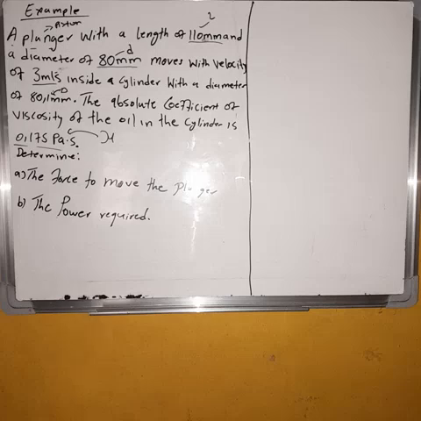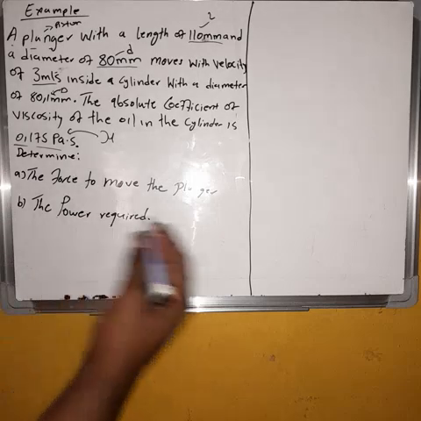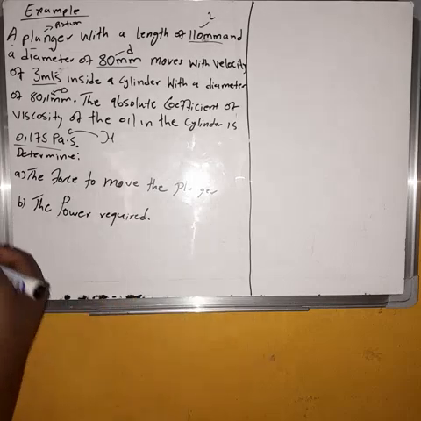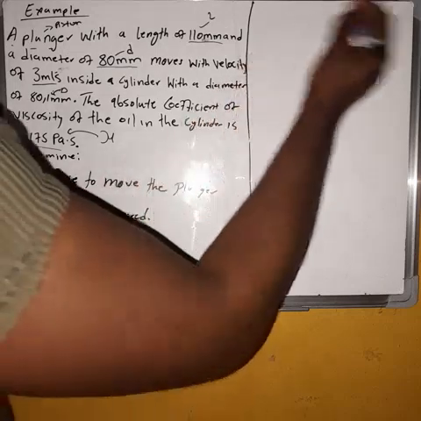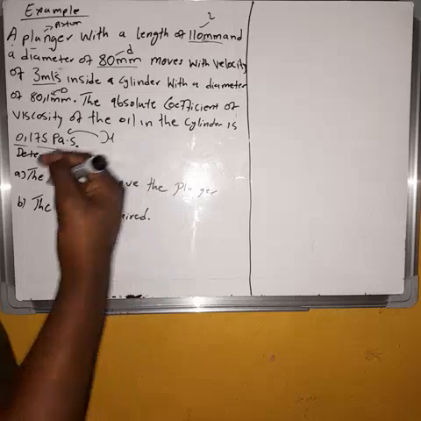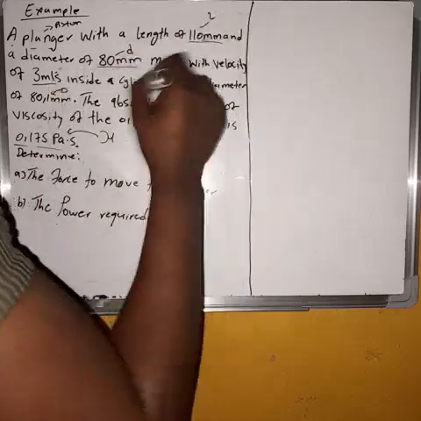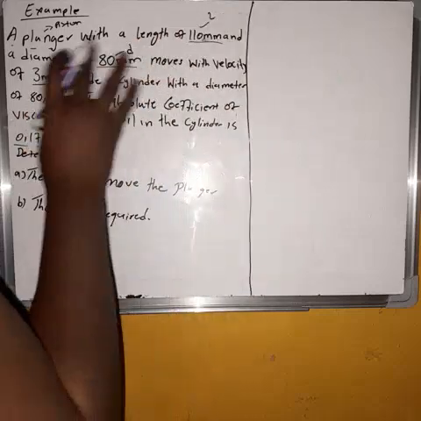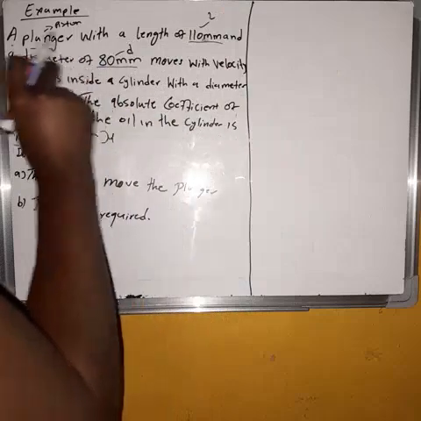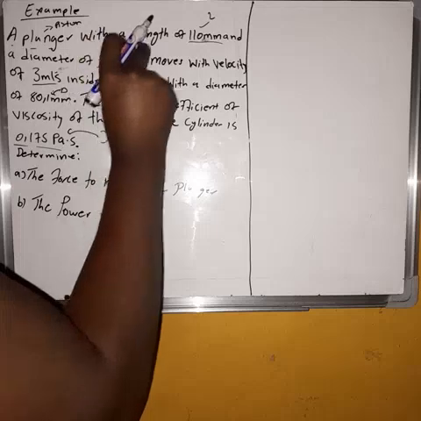Now let us try to list what we are given, as I explained in the previous video. You read the statement: they've given us a diameter and a length.